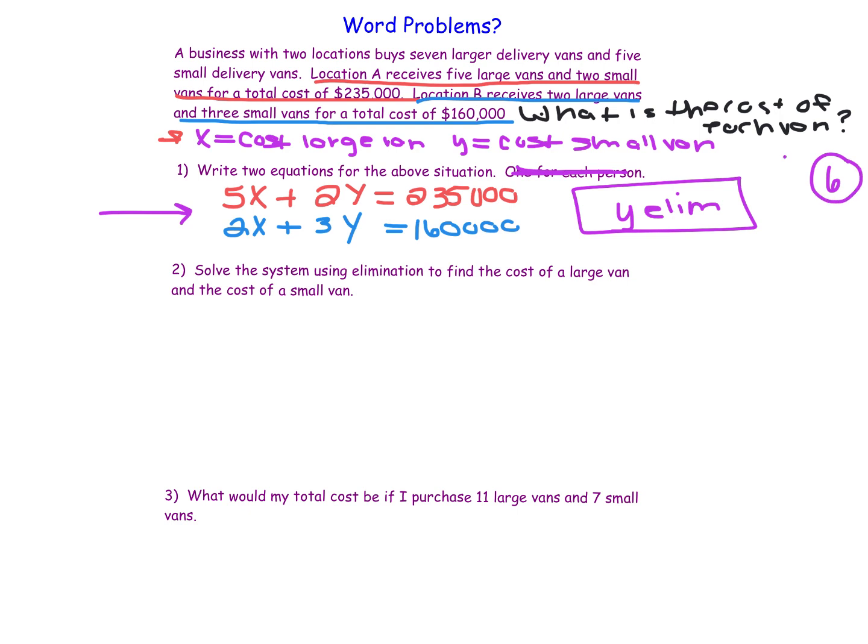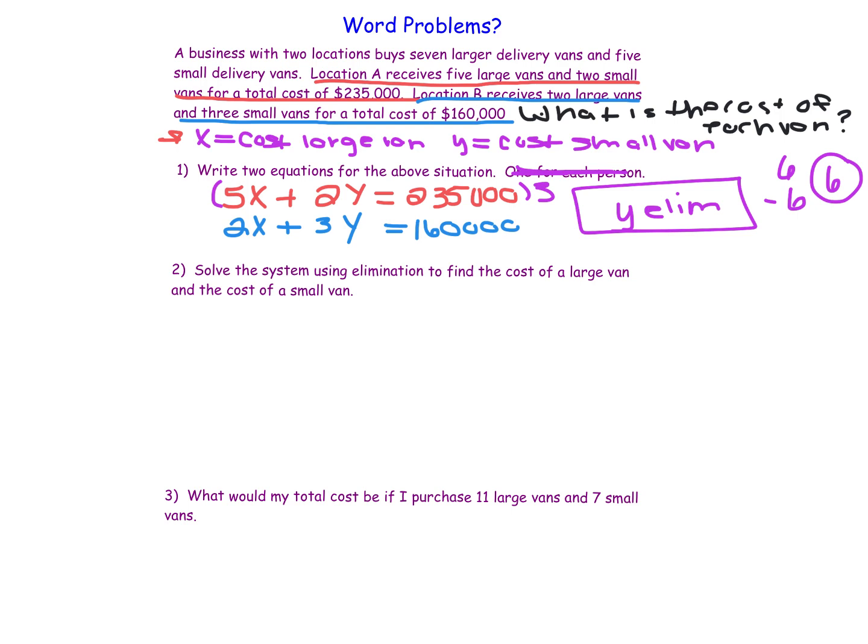Now remember, we need to think about what that common coefficient will be. It's like picking a common denominator, which in this case is going to be 6. So I need one of these to be a positive 6 and one to be a negative 6. I'm going to start by thinking through what I would need to multiply the first equation by in order to get the coefficient of Y to be 6. If I multiply this first equation through by a positive 3, my coefficient of Y will become 6.